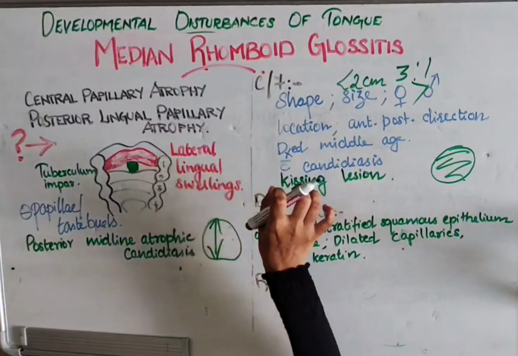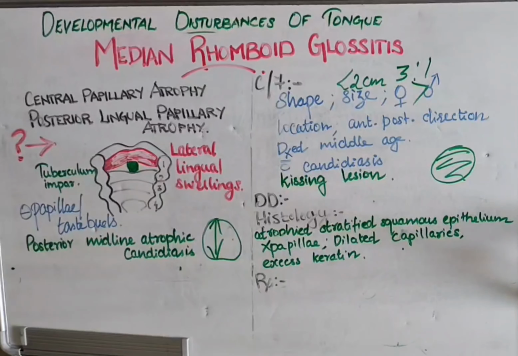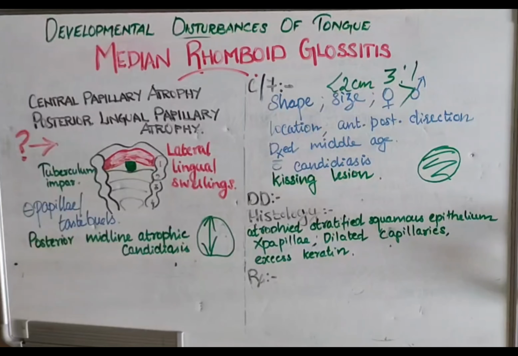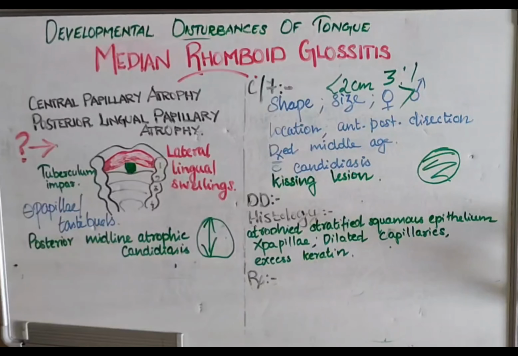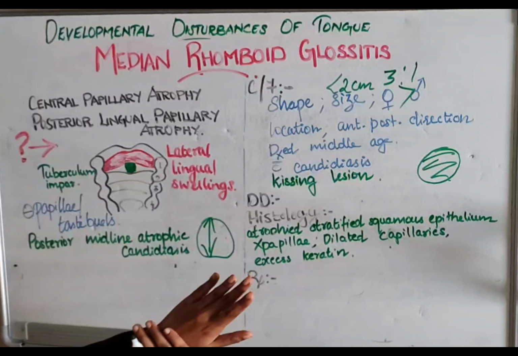Now something we can see is a kissing lesion. Here we have to know the difference between kissing lesion and kissing disease. Kissing disease is infectious mononucleosis, whereas kissing lesion is related to median rhomboid glossitis. So just know that here it is kissing lesion and not disease. Imagine this is your tongue, the dorsal surface.